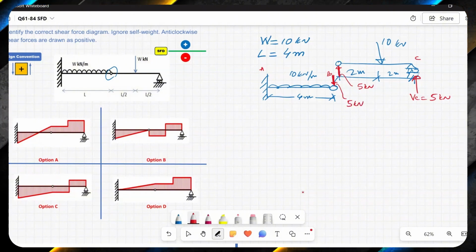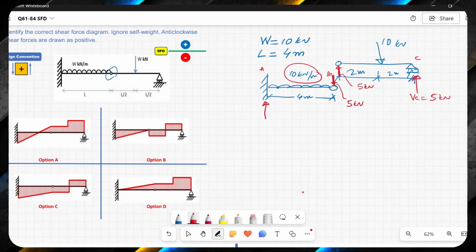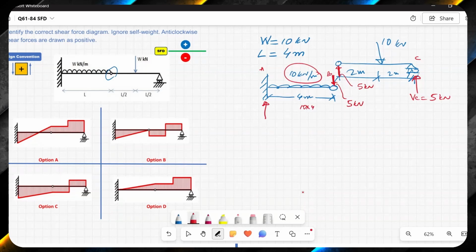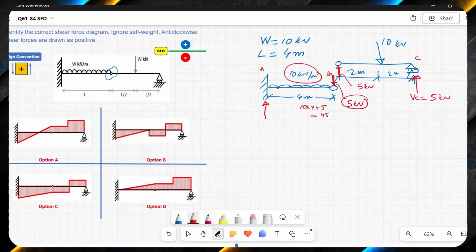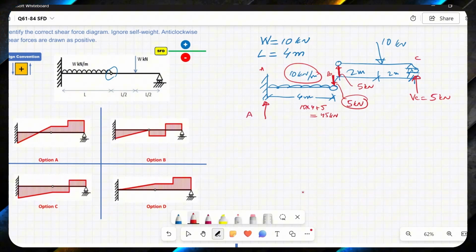When I want to find the reaction over here, it will basically be the summation of all the forces on the right side. On the right side, I have 10 times 4, which is 40, plus this 5. So this will give me 45 kilonewton. As this is downward, the total load is downwards, so the reaction at A will be upwards.